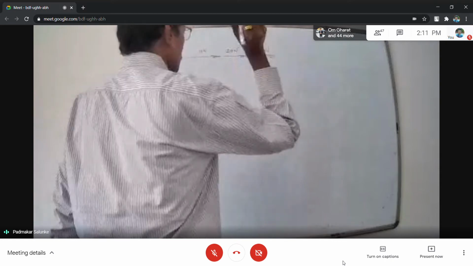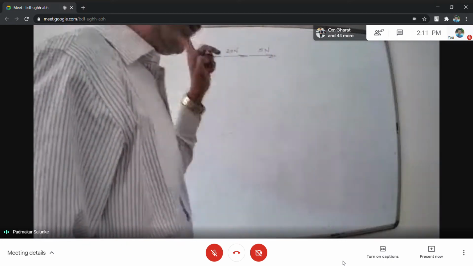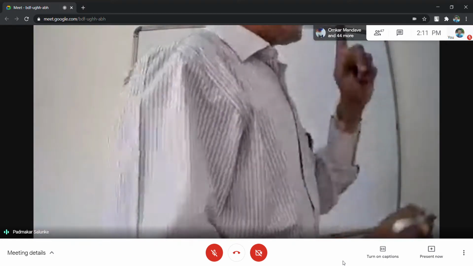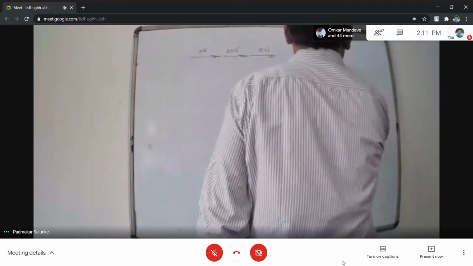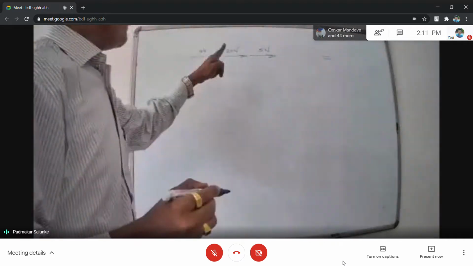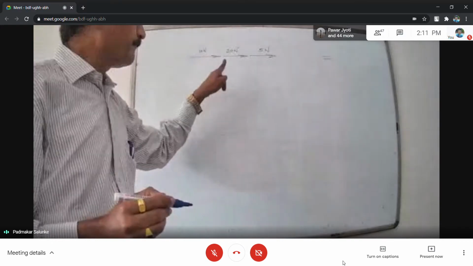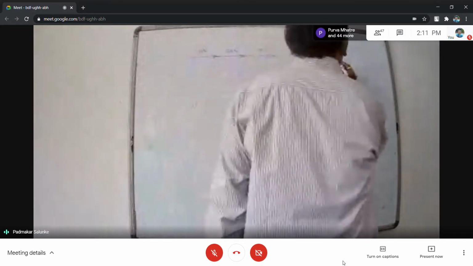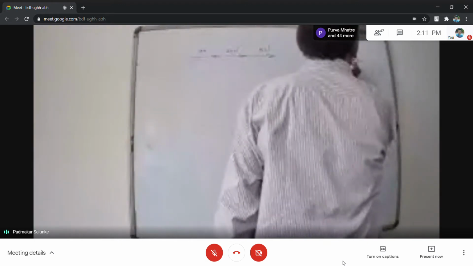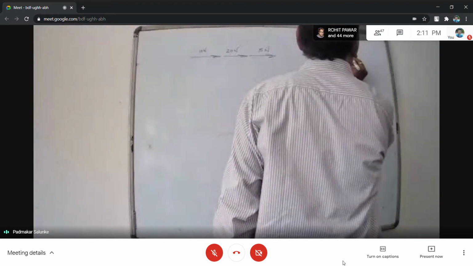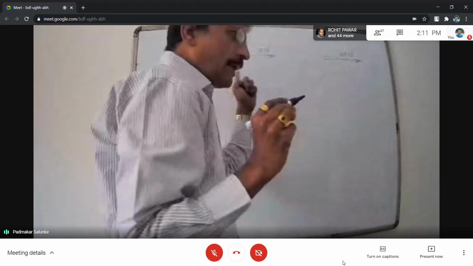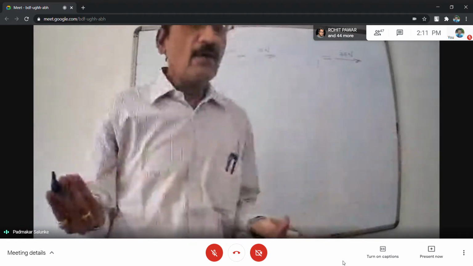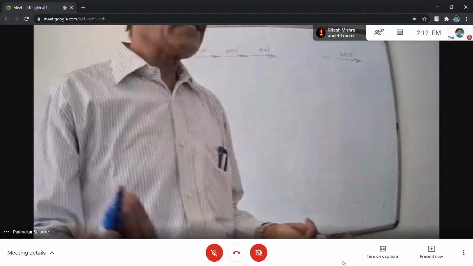These three forces I have to convert into a single force. Equals 10 plus 20 is 30, 30 plus 5 is 35. So it's a single force of magnitude 35 Newton. All are directed to the right, that's why all are plus. It's so simple.